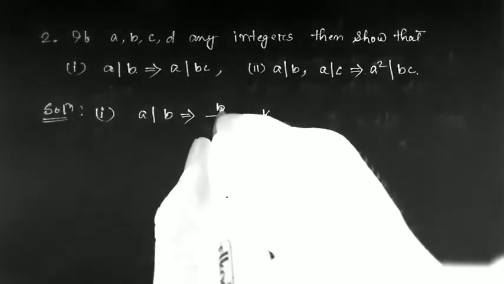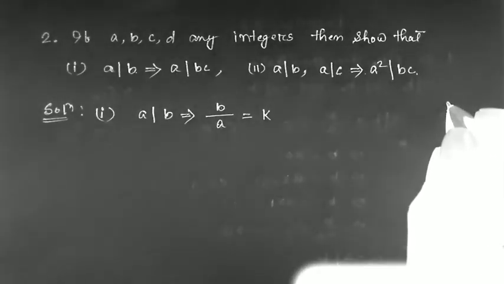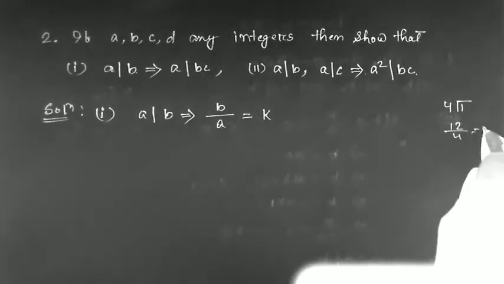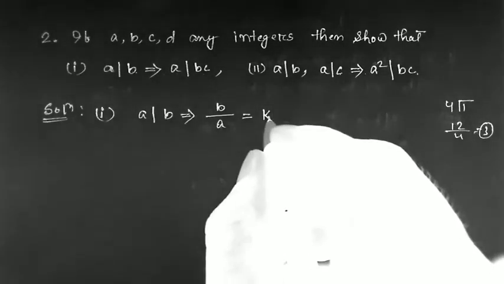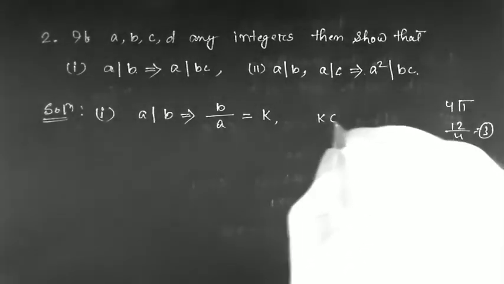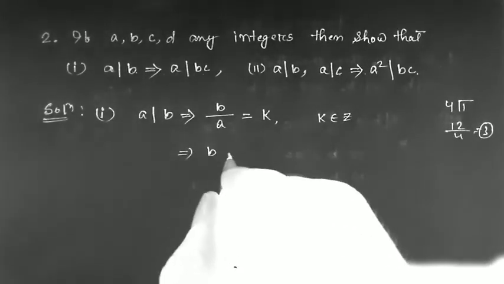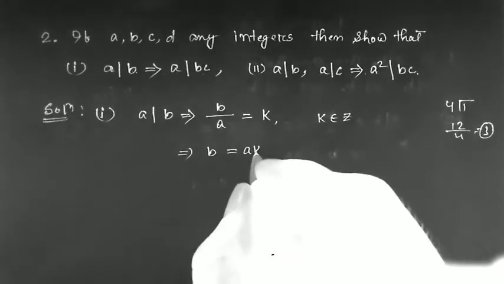So a divides b, suppose 4 divides 12, that means 12 by 4, we get 3, some integer. So where k is some integer, k belongs to Z. So from here we get b is equal to ak.